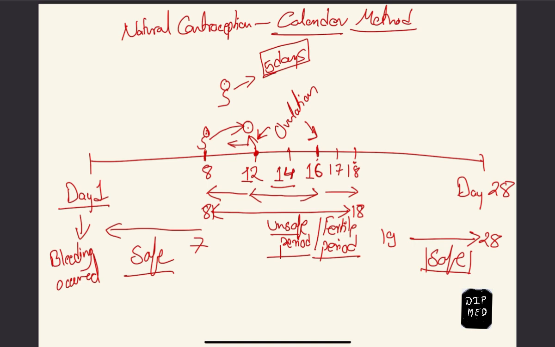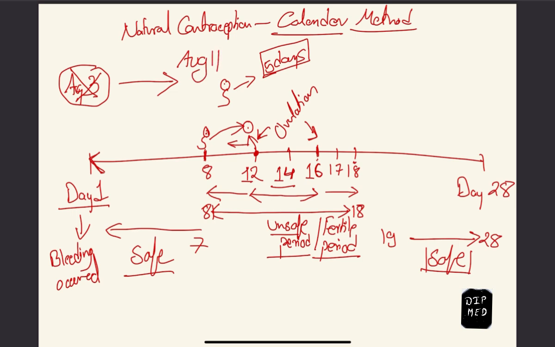So the female can mark her menstrual period on a calendar. Let's say she starts bleeding on day 1 and it was August 3. Then August 3 is day 1, and she has to keep counting up to day 8, which is August 11.